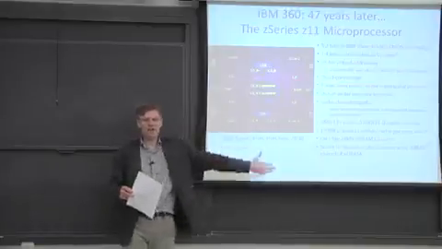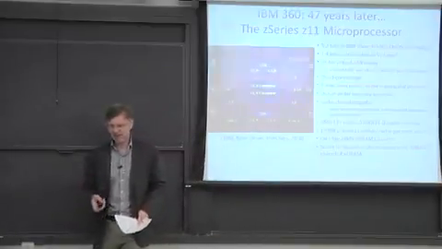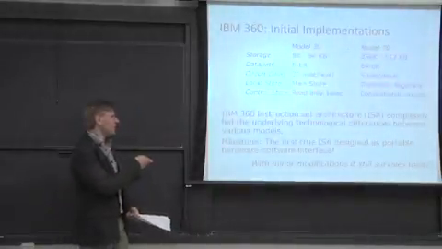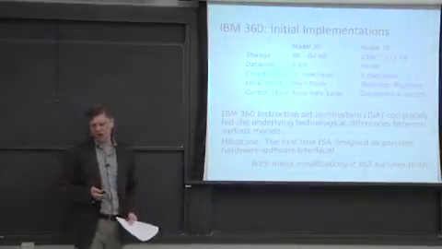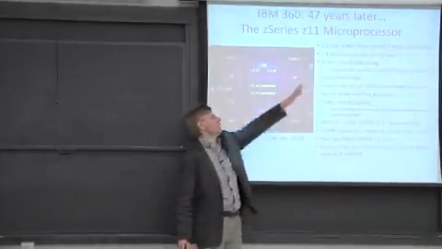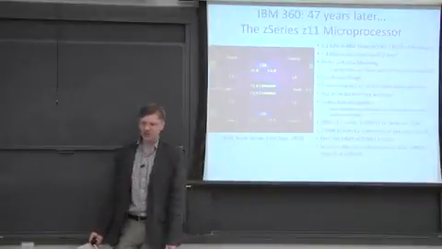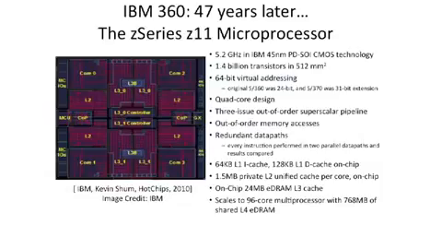So going back to that 8-bit processor, which had a 1 microsecond control store read, which is forever, we now have the z11, which is running at 5.2 gigahertz, has 1.4 billion transistors. They have updated the addressing, so it's no longer 24-bit addressing, but it still supports the original 360 addressing.